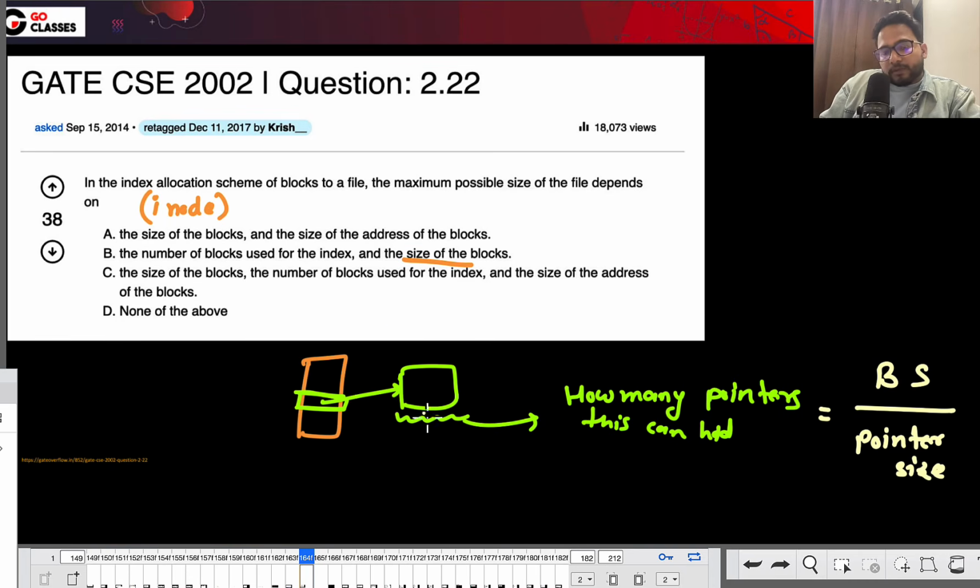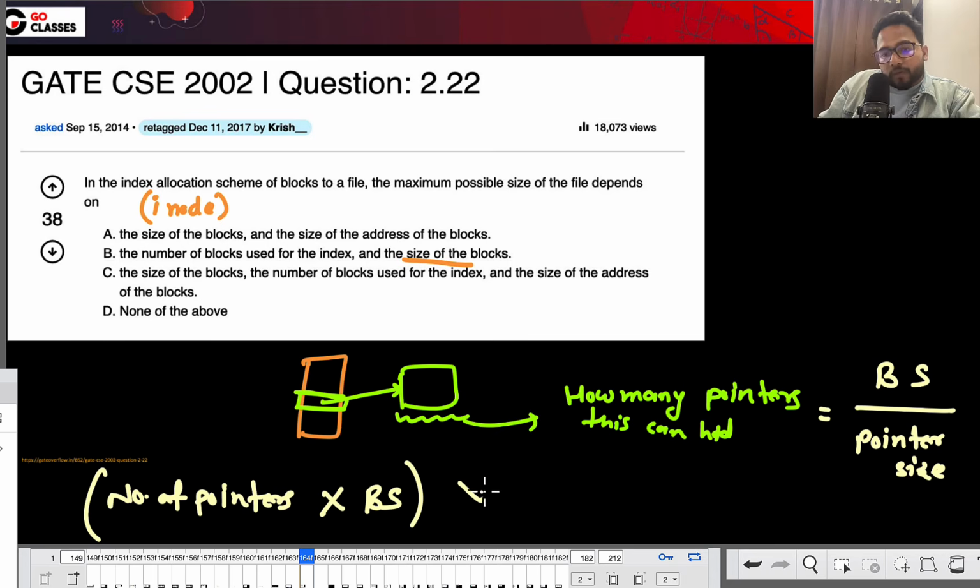Given a block, the number of pointers that this can hold, assuming that this is directly pointing to some blocks, multiplied by block size, that is, number of pointers into block size, is just for one block. And then you multiply by the number of such blocks.